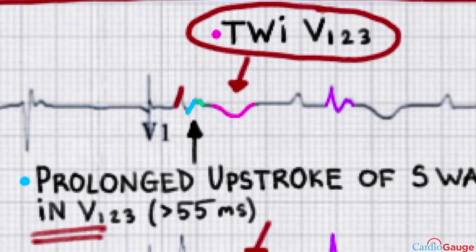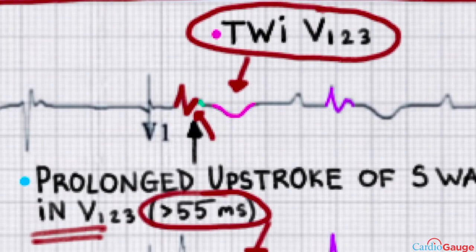So we got an R, an S, and then the upstroke of the S wave. That's what they're calling this thing here. And if the duration of that is greater than 55 milliseconds, then that suggests ARVD.